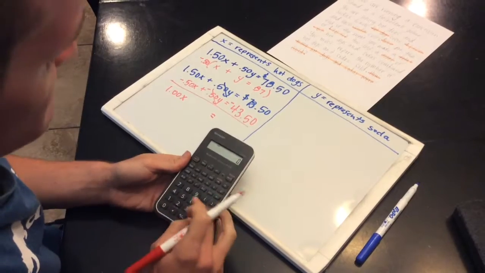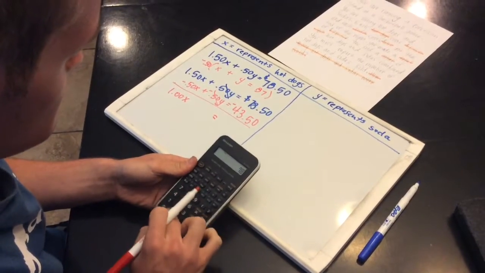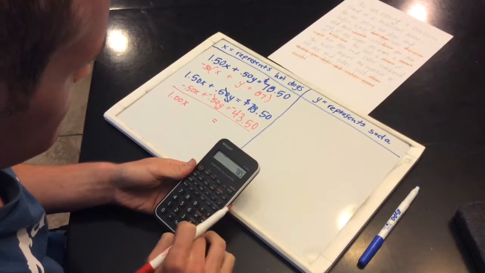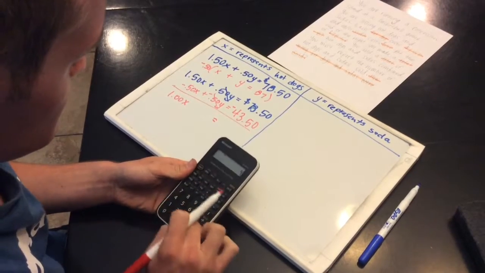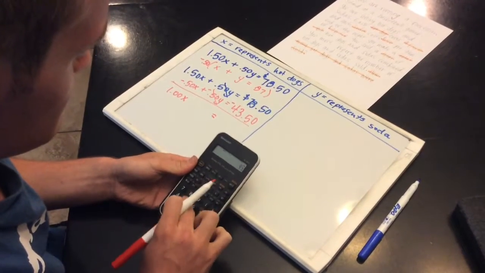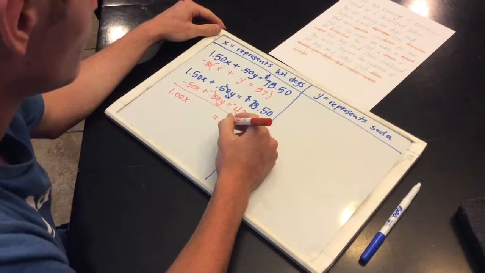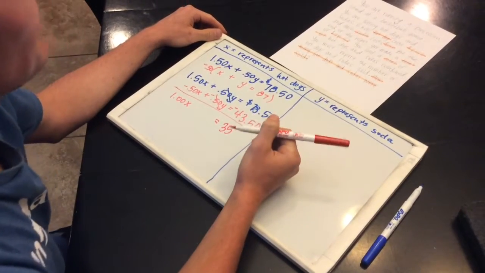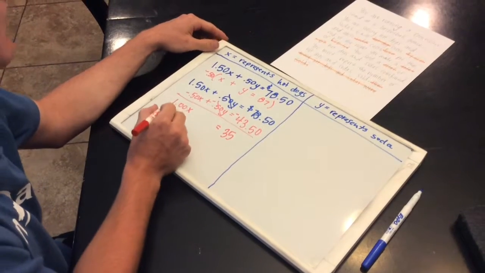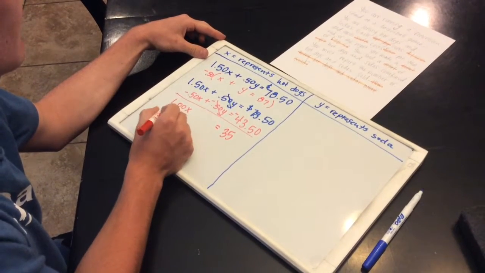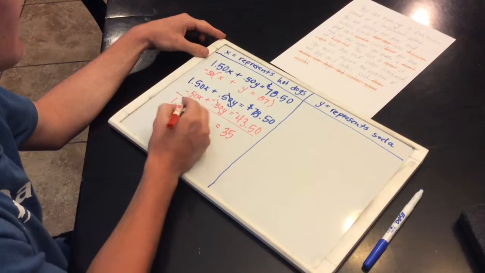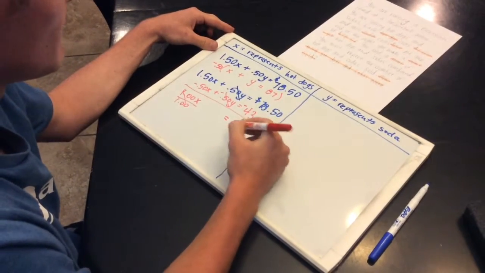So then we have 78.5 minus 43.5. We should end up with 35. Then to get x by itself, divide that.